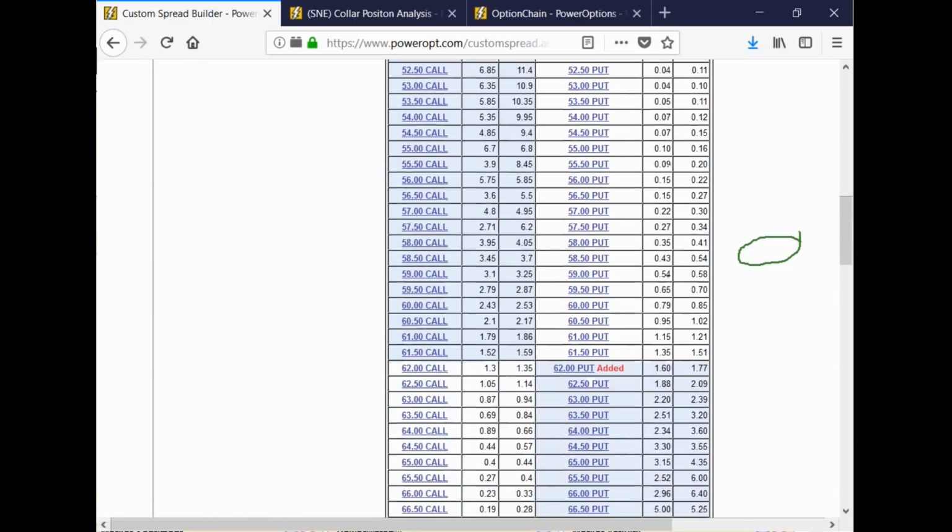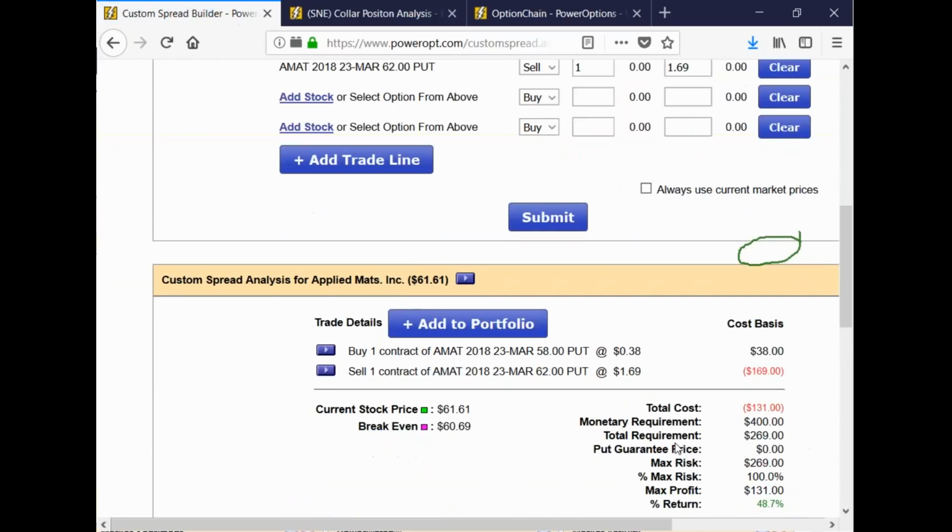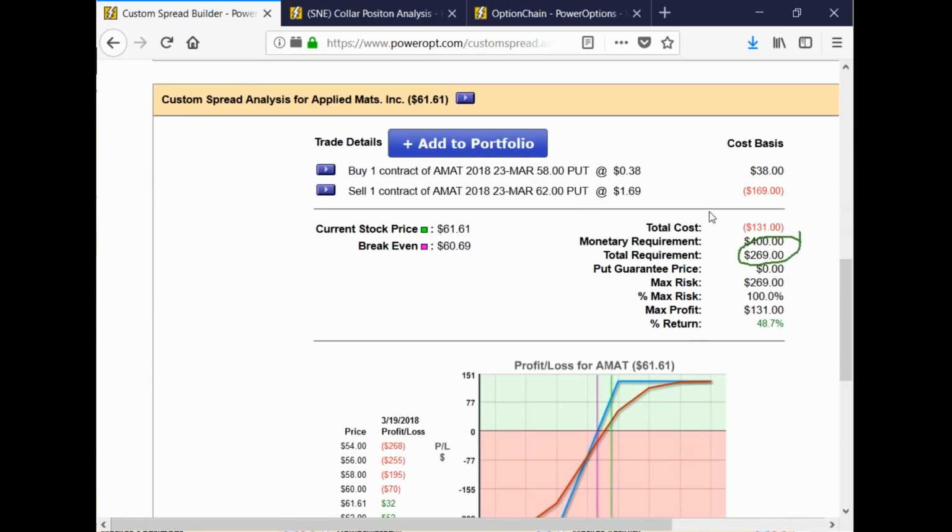The synthetic I showed initially is if I bought the 58 put, sold the 62, and bought the 62 call. Let's leave the 62 call out of the equation. What do I have when I sell a 62 put and buy a 58? I have a bull put credit spread, 4-point strike difference. I sold a put which obligates me to potentially buy shares of stock at 62 if the stock is trading below that price at expiration.